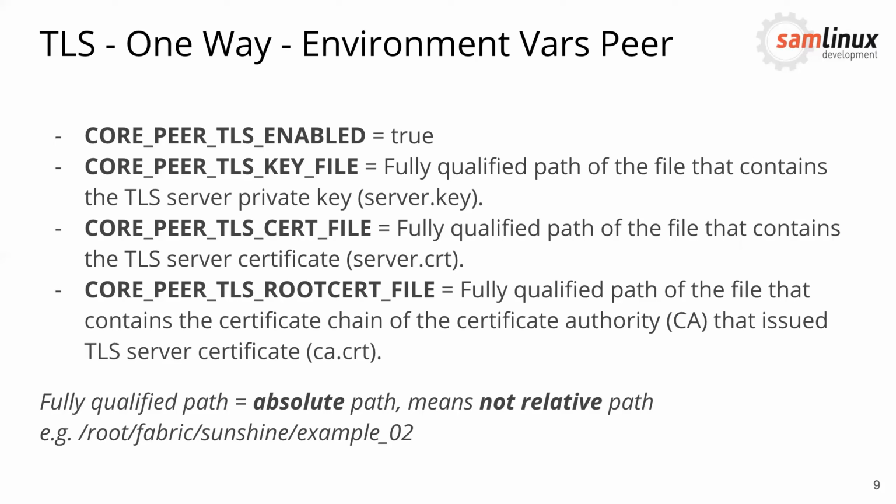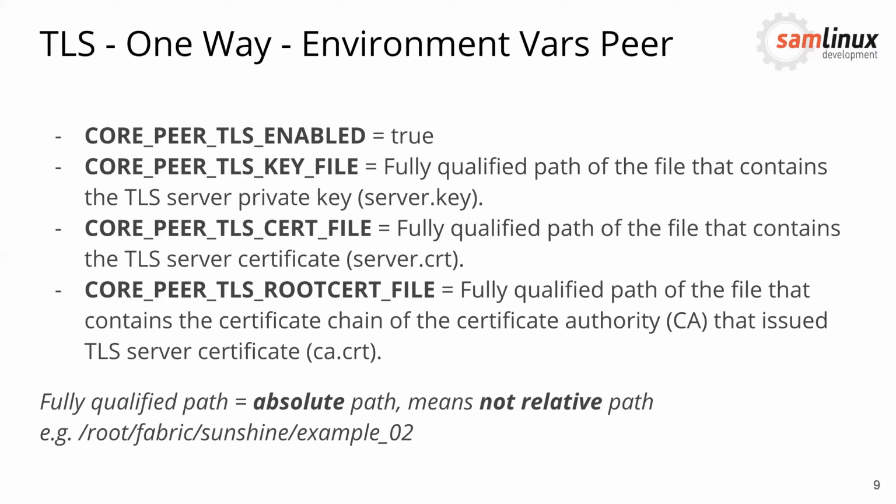But when it comes to a decentralized system, when you have, for example, a Docker Swarm system and you use an overlay network and you have one peer in data center A and the second peer in data center B, then you don't have the crypto folder in the same place. So then you have to copy the crypto folder to the proper location.